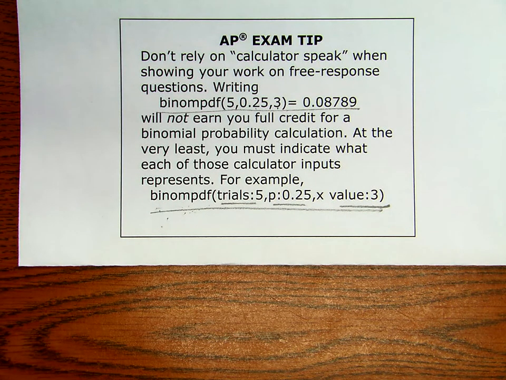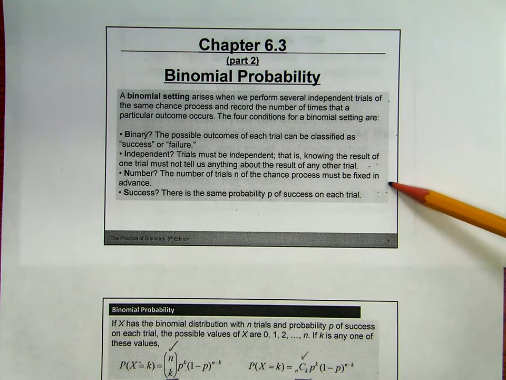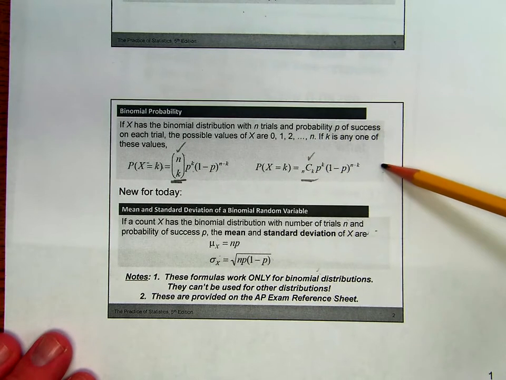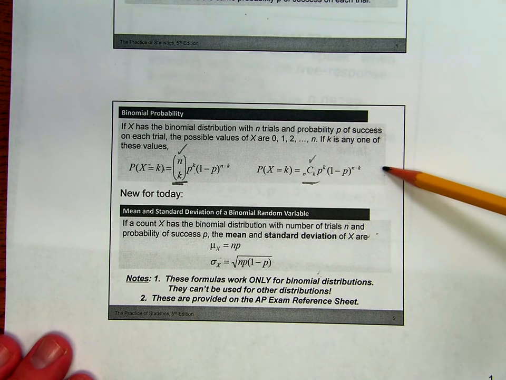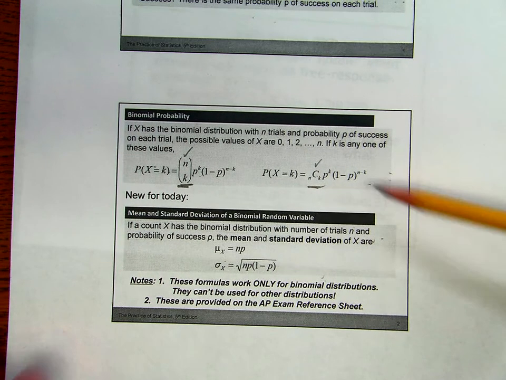All right, I think that wraps it up for today. I want to do a quick recap of what we did and then a lead into what we still have to talk about. We started off with what it takes to be a binomial setting, and the potential ways the probability formula could look in order to apply this.